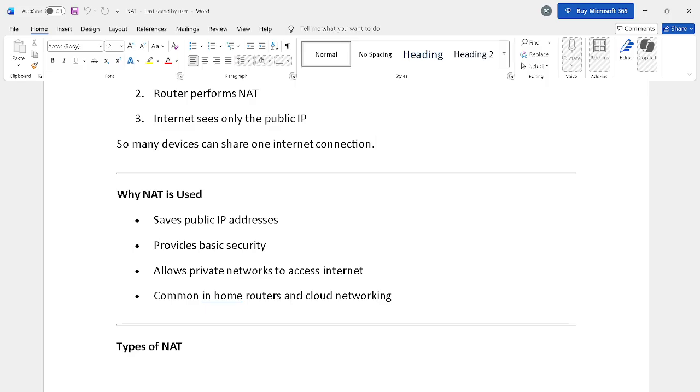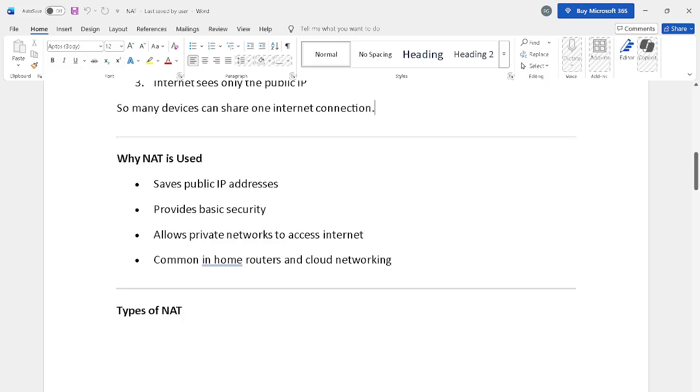So that's why we use NAT. The private IP addresses are linked to one public IP address. It provides basic security also, and allows private networks to access the internet using only one public IP. It is common in home routers and cloud networking.